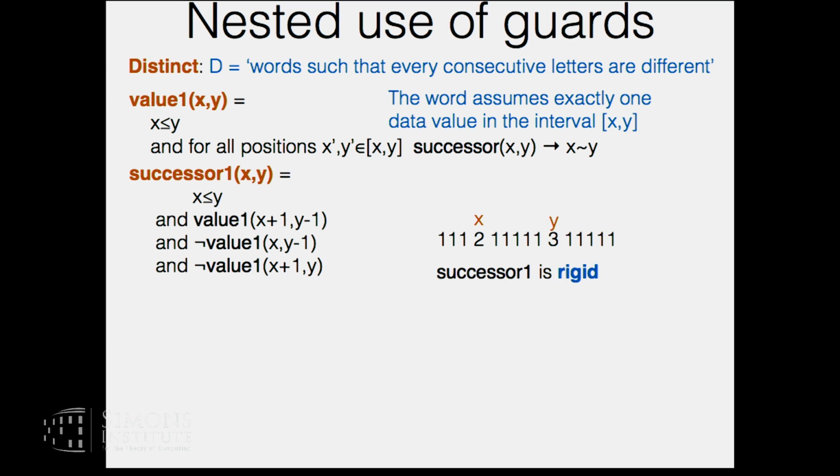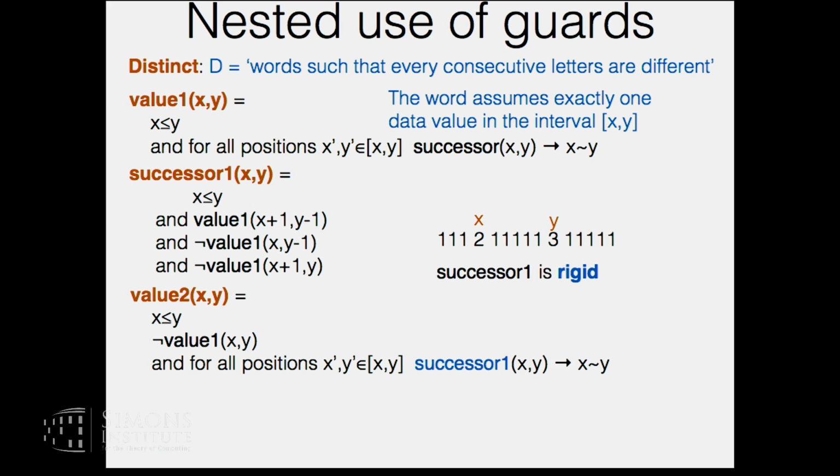And this is something which is rigid. And now you can define what it is to have 2 values. Well, you do in fact exactly the same thing, but you jump by longer steps. So to define 2 values, you need first to define 1 value and use it in a guard, and so on. So that's that.